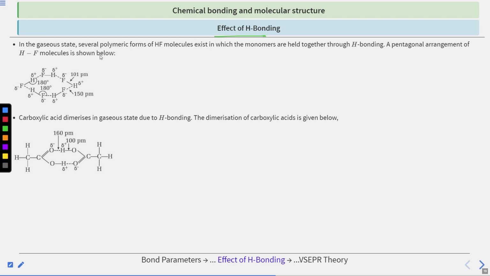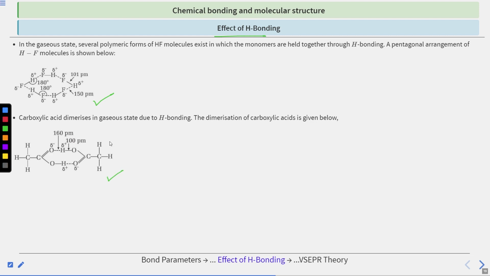In the gaseous state, several polymeric forms of HF molecules exist in which the monomers are held together through hydrogen bonding. A pentagonal arrangement of HF molecules is shown below. You can see the HF molecule arrangement held together by hydrogen bonding. Carboxylic acid dimerizes in the gaseous state due to hydrogen bonding, and the dimerization of carboxylic acid is given below.